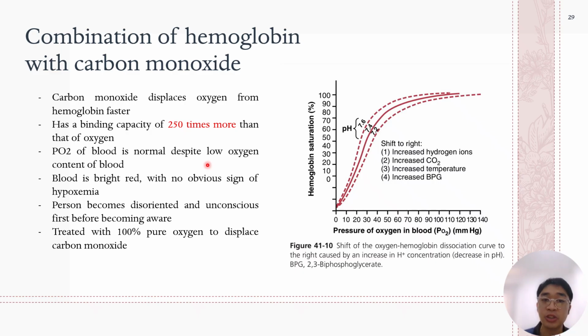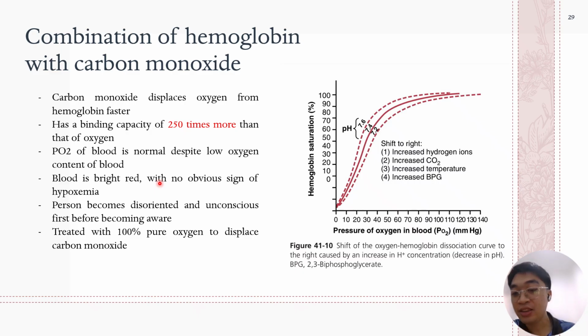So this is evident, for example, in patients who have carbon monoxide poisoning. That is why a lot of those who commit suicide in parking lots in their cars usually use the exhaust fumes of their cars. That's actually carbon monoxide.